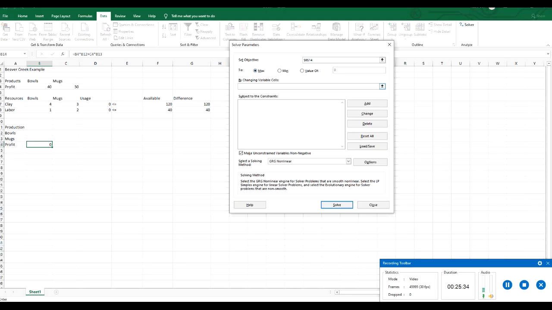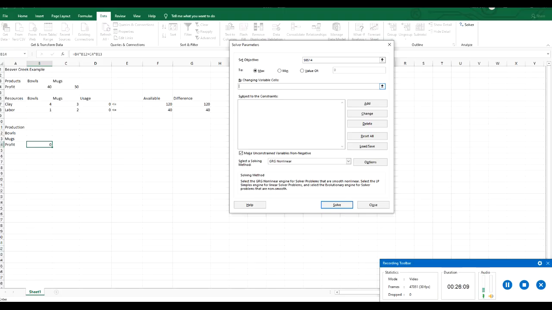Next, by changing variable cells. What we're doing here is entering what the computer will run permutations of. The computer calculates possibilities. It does that by saying, manufacture 0 bowls, 0 mugs. How much profit? Manufacture 1 bowl, 0 mugs. How much profit? Manufacture 1 bowl, 1 mug. How much profit?